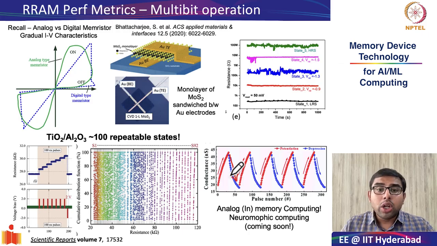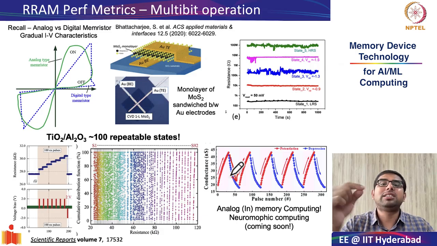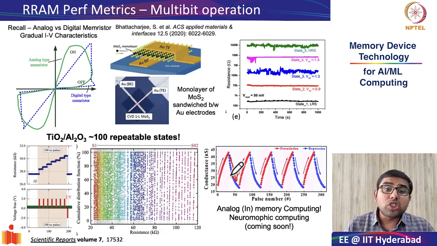Not only that, you can have access to these multiple states repeatably and cyclically. And this is what makes RRAMs very interesting for analog in-memory computing and also for neuromorphic computing, something that we will study in detail at the end of our course.